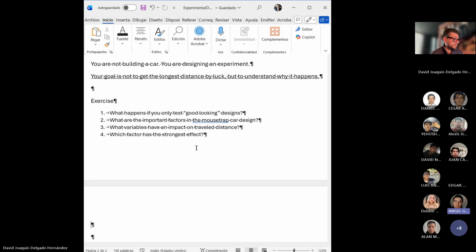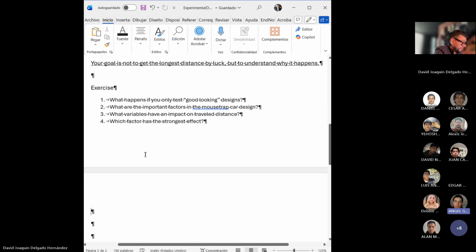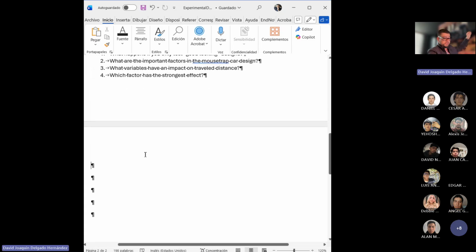While we were doing the mousetrap car, we noticed that the chassis weight and the lever arm length were the most important variables in the experiment. Okay, and finally, which factor has the strongest effect? The lever arm length. Okay, thank you so much.